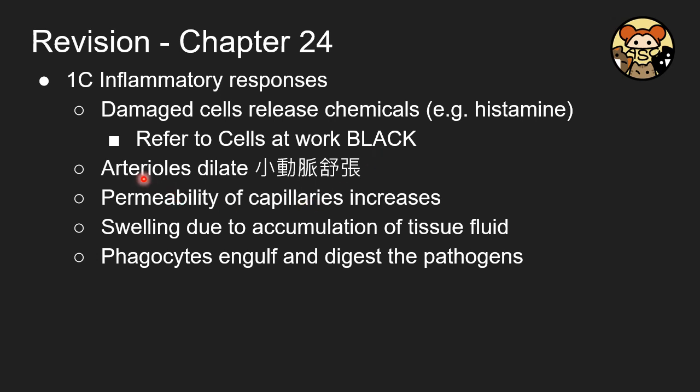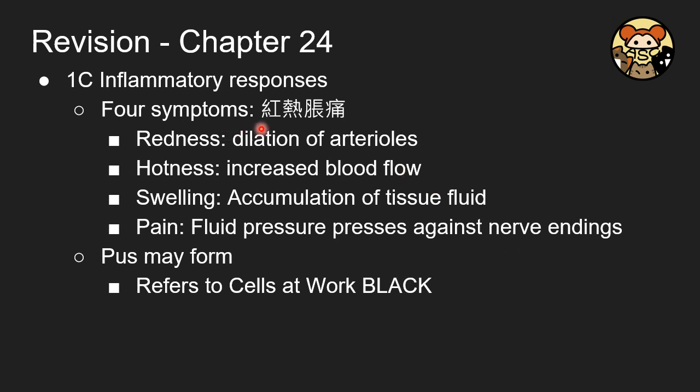And it includes arteriole dilation, increased permeability of capillaries, swelling because of the accumulation of tissue fluid, and the phagocytes start to engulf and digest the pathogens. So in simple Chinese, we call them the four syndromes: 紅熱脹痛.